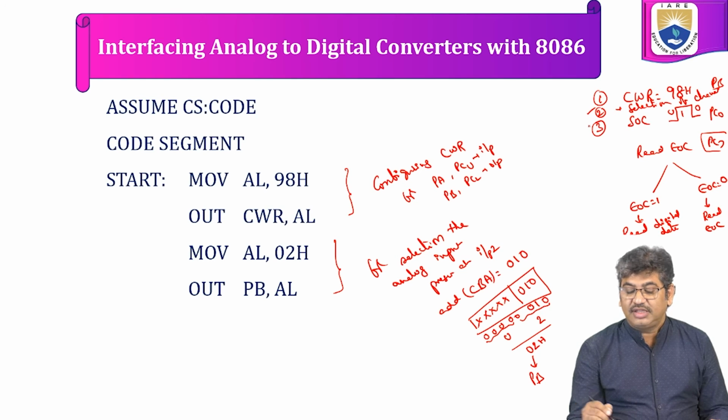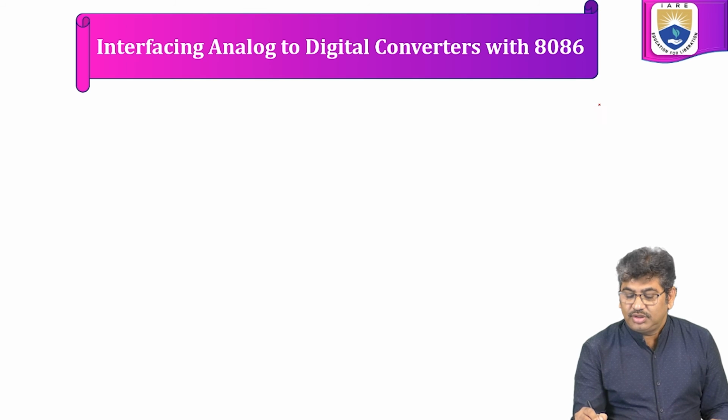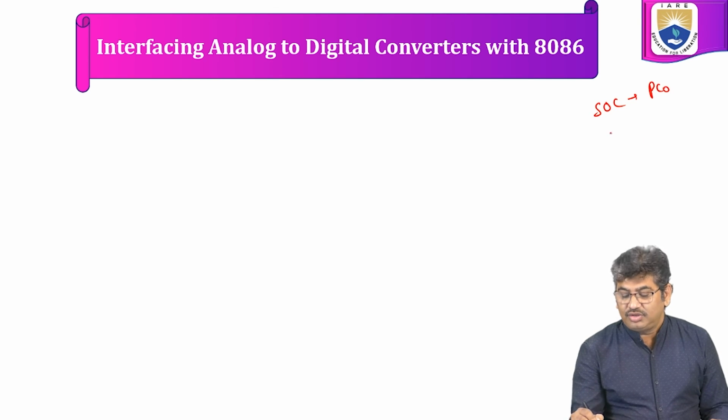The third step is the generation of the SOC signal. For that we select port C0, since the SOC signal is connected to port C0. Port C is 8-bit, and we are only going to configure the PC0 bit, and the remaining values are don't cares, which we choose as zeros.